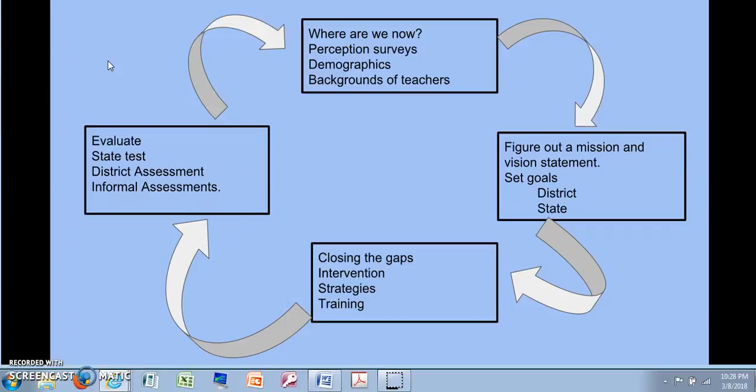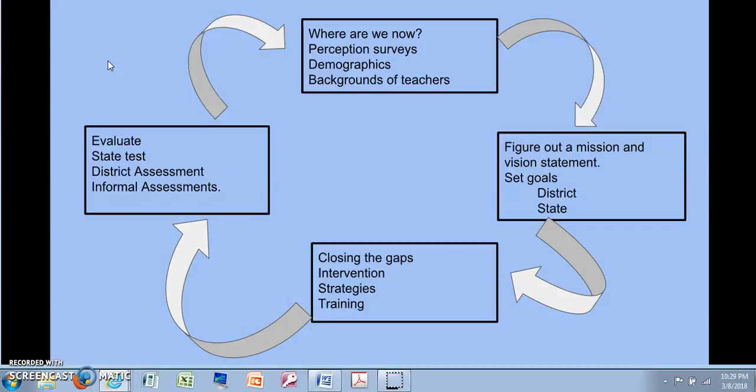We figured out our mission statement by having all of us teachers talk to our principal. It started off in a staff meeting, and then we took it into PLCs and refined the idea, and then we all voted, and so we came up with a new mission statement.